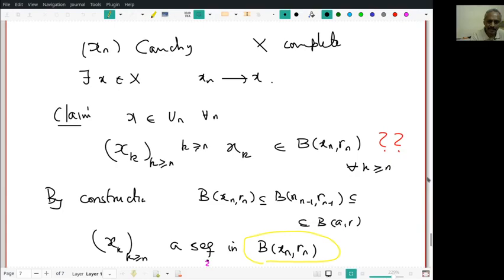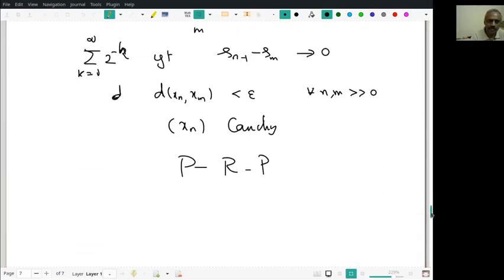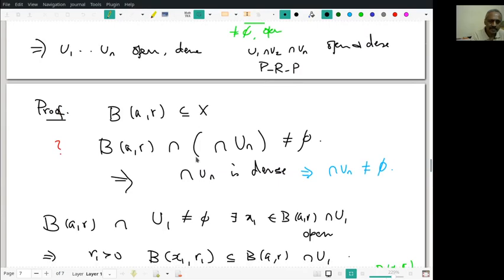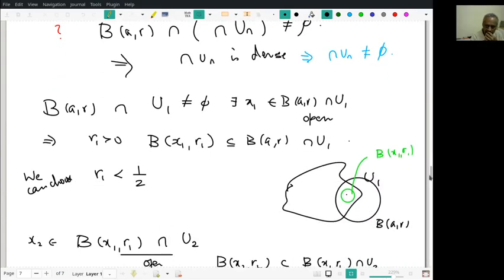Okay, let's go back. Let's look at the first step. What did I do? I said B(x, R) intersection U1 is non-empty. Therefore, there is an x1 in this intersection, but the intersection is open. Therefore, there is an open ball B(x1, R1) which is contained in B(x, R). By cutting down the radius, instead of R1, I can choose some other rho less than R1, and since R1 is less than half, rho will also be less than half.